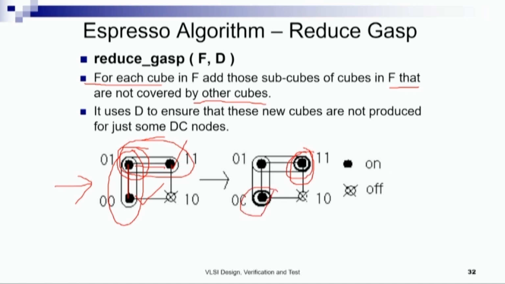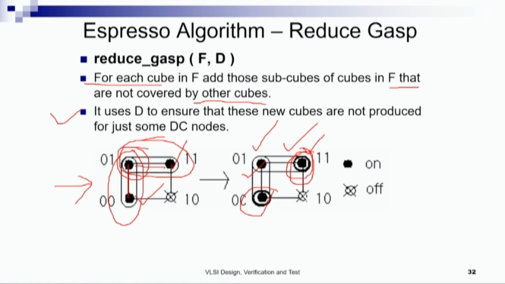So for each cube in F, add those subcubes in F that are not covered by other subcubes. So we are saying that this vertex is covered by this cube and this cube. However, this implicant is not covered by any other implicant in F, and therefore we add this to F. This is what GASP does.